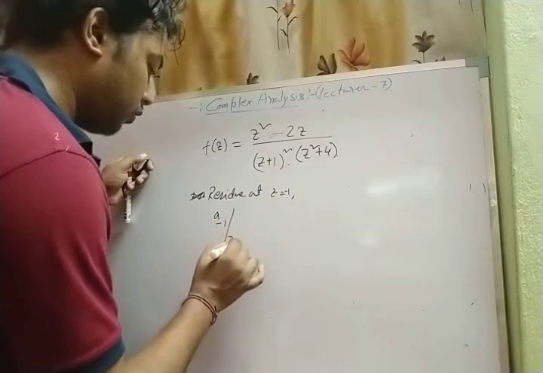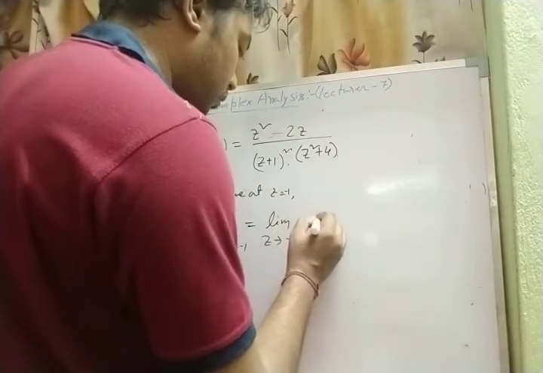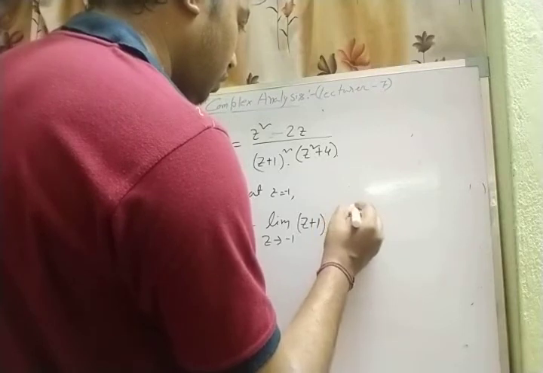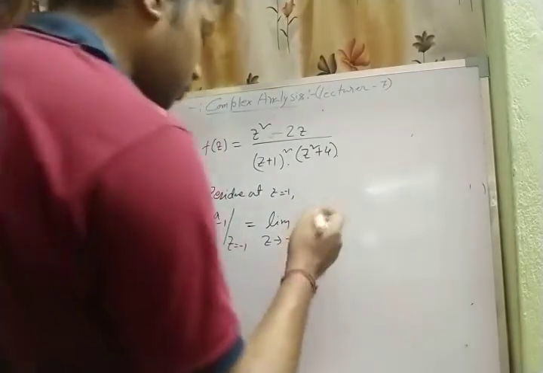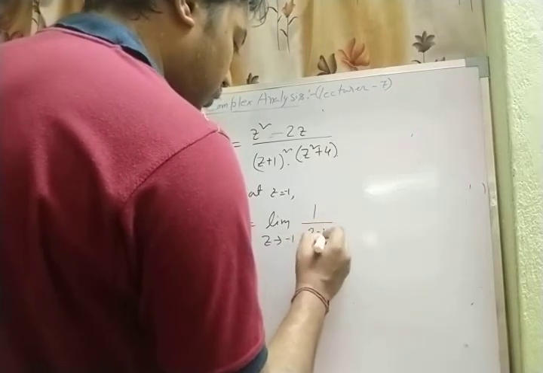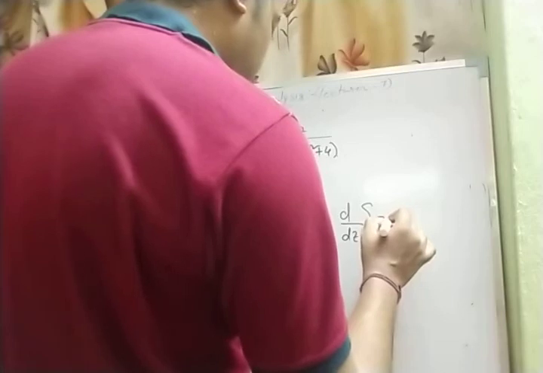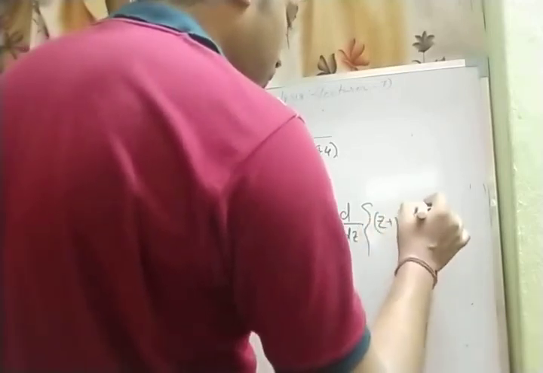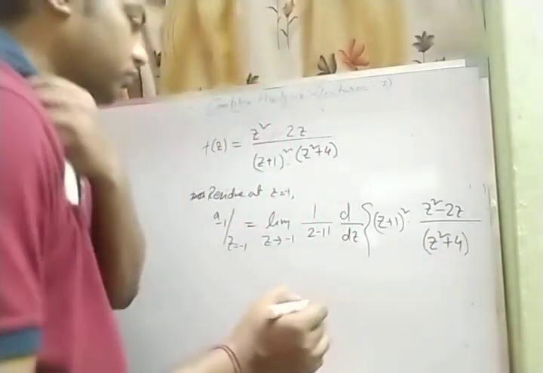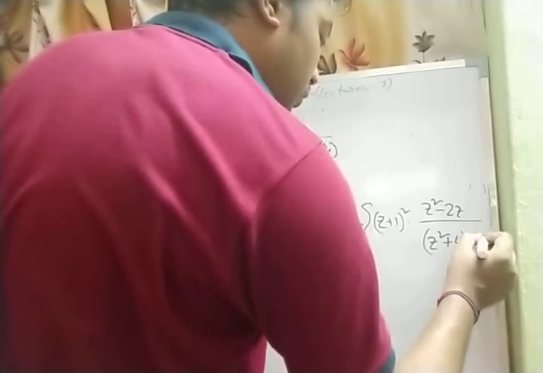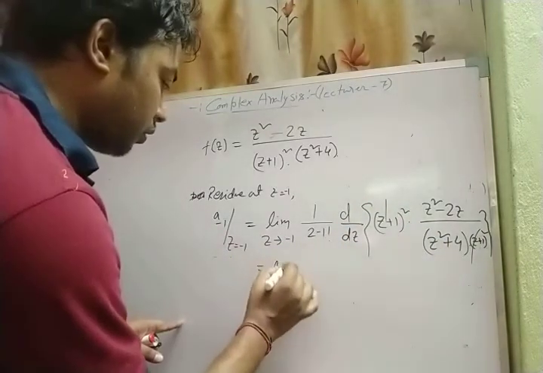We have the limit as z tends to −1 of 1 / (2 − 1)! times d/dz of (z + 1)² (z² − 2z) / ((z² + 4)(z + 1)²). So (z + 1)² cancels out from this.